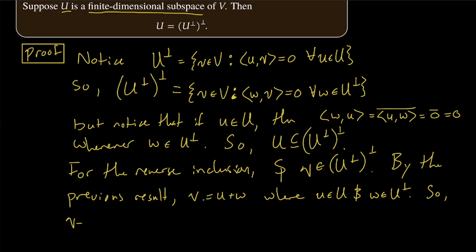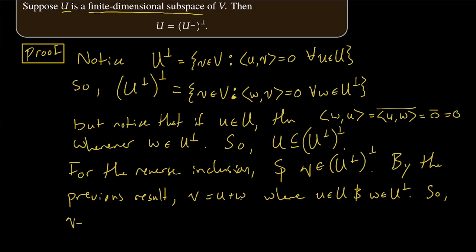So here's the idea. What we want to do is take something in the double dual and show that it lives in U. The idea is to find the perp of the perp and show that it lives in the intersection of U perp with U perp perp.